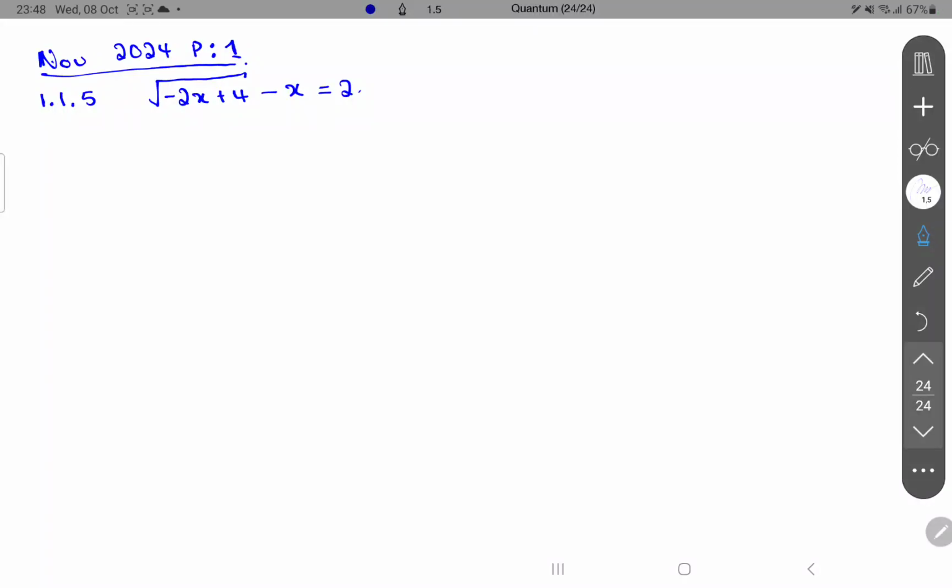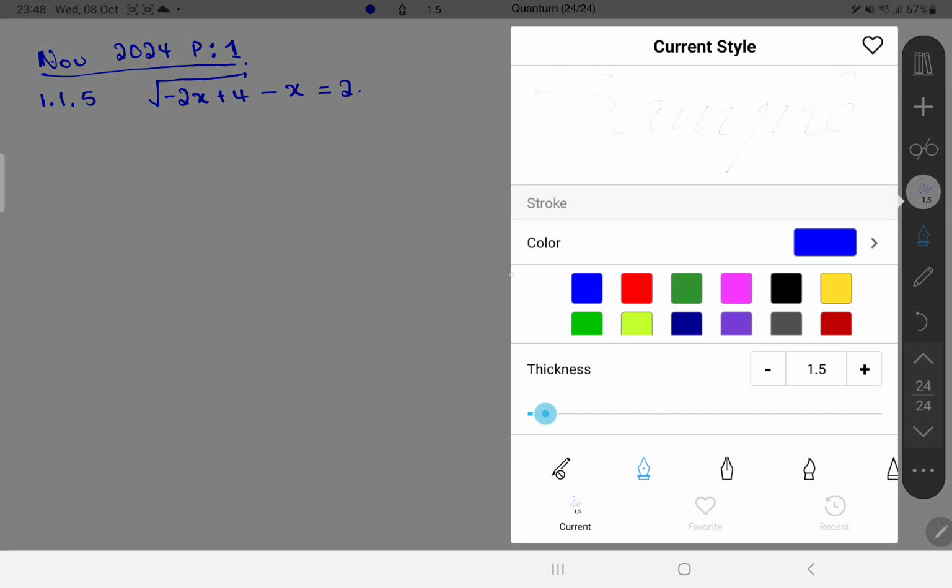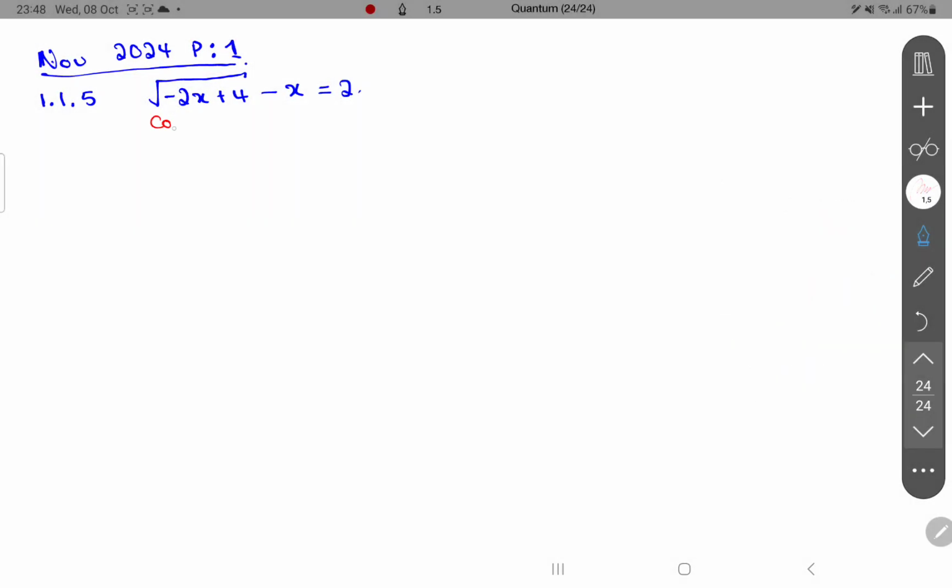November 2024 Paper 1 Question 1.1.5. Now this one has a square root, solving x with a square root. So basically, first of all, collect like terms, collect the terms with the square root on one side.